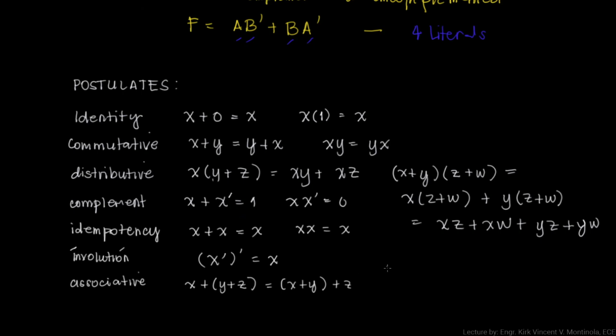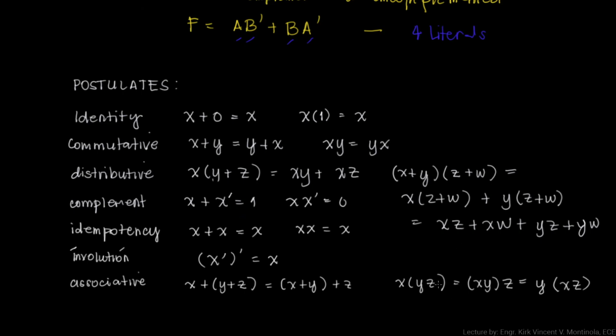And for multiplication, that is also the same. For example, you have x, y, and z. It can be written as x, y, and z, or you have some other combinations also, like you can group this one, x and z. So you can freely move the parentheses again.